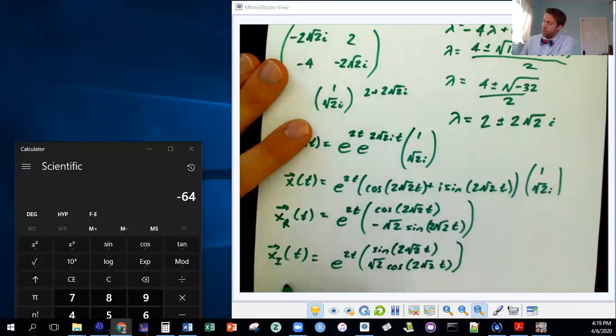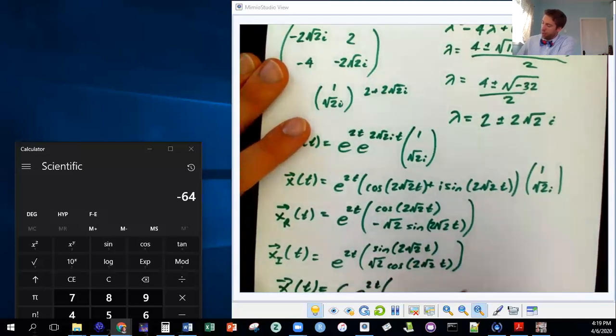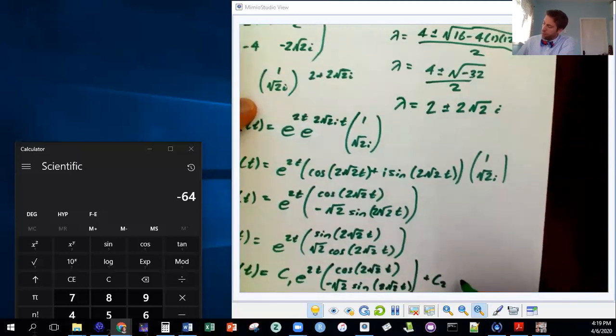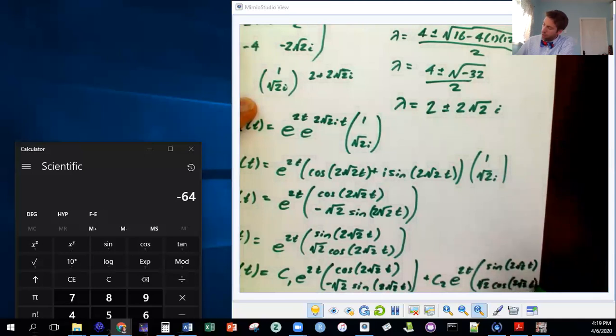So x of t equals c1 e to the 2t times cosine 2 square root of 2 t, negative square root of 2 sine of 2 square root of 2 t, plus c2 e to the 2t times sine of 2 square root of 2 t, and square root of 2 times cosine of 2 square root of 2 t.